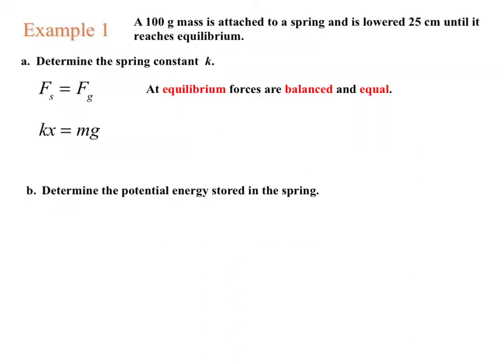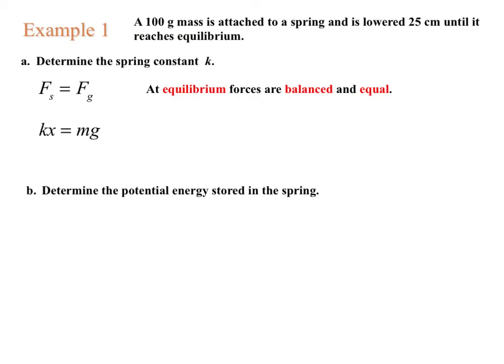In this example, a 100-gram mass is attached to a spring and is lowered 25 centimeters until it reaches equilibrium. It's asking to determine the spring constant. Again, when it reaches that equilibrium position, our force of our spring, which is upwards, is going to equal our gravitational force, which is downwards. So, kx is equal to mg.